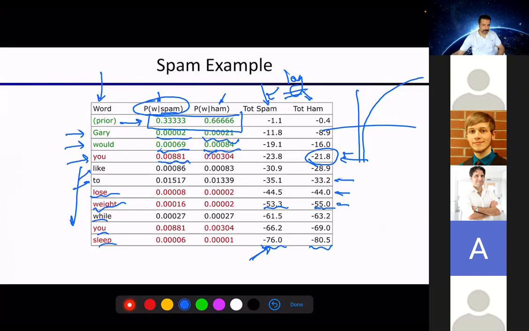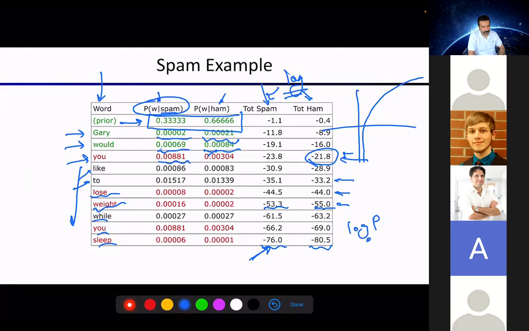Actually, I'm just a tiny bit confused. Why do they use negative numbers to quantify whether I think it's spam or ham? As I mentioned, these are log transformations, right? So if you have small probabilities, after you log transform the probabilities, log p, right?